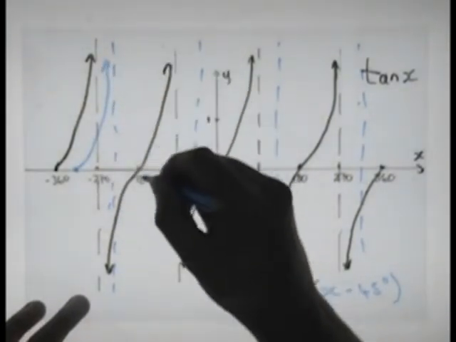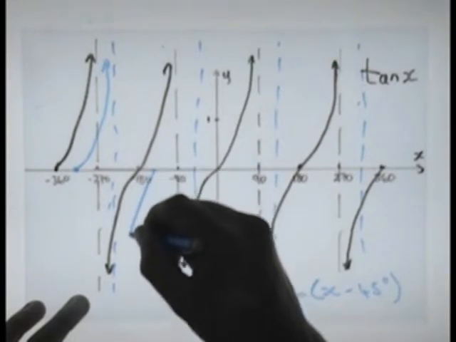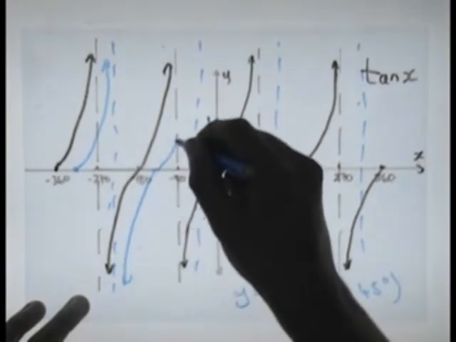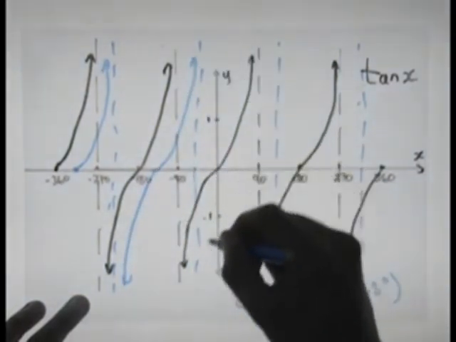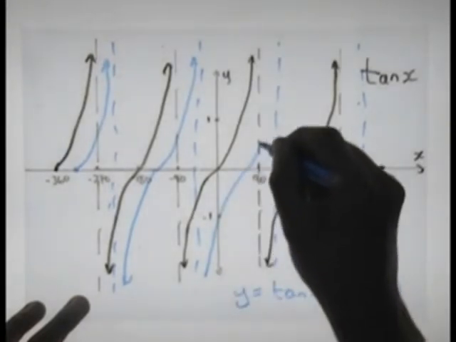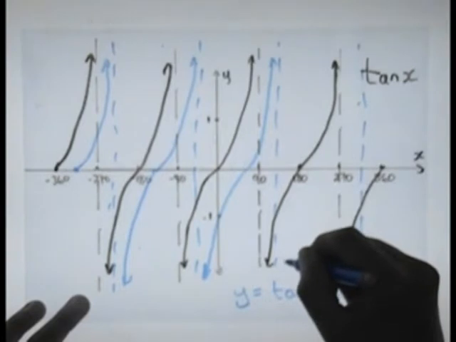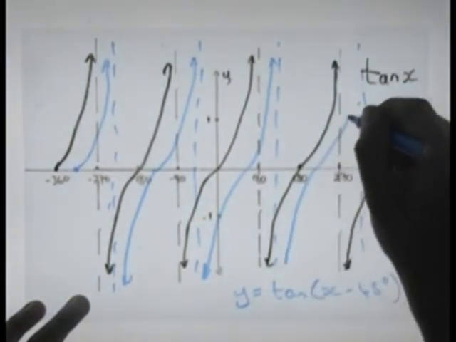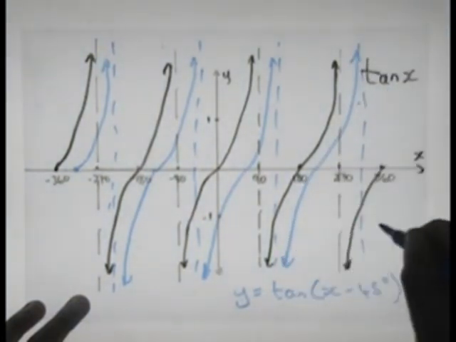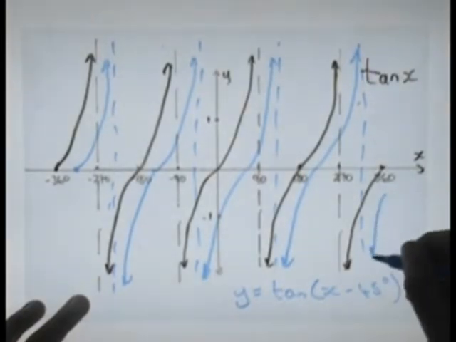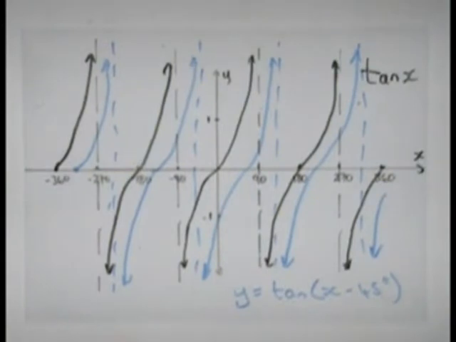So it will still be the standard tan graph, except now it will be moved 45 degrees to the right.